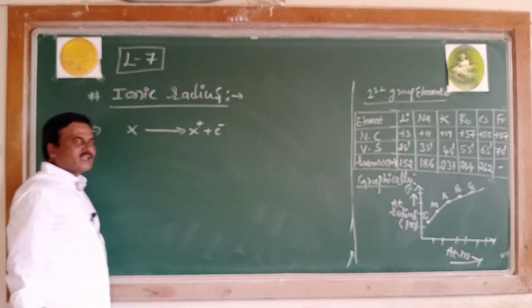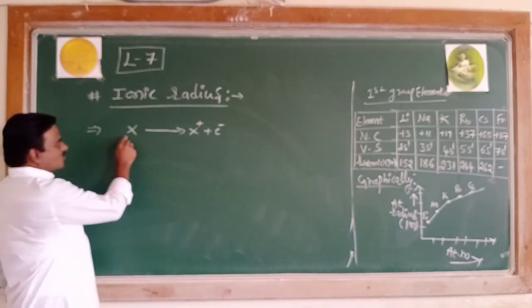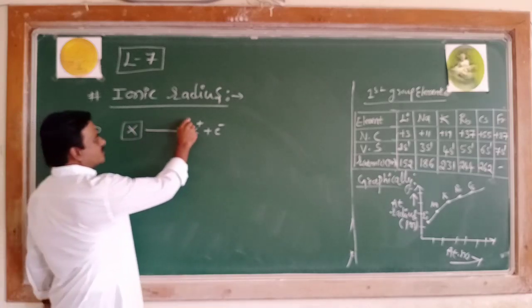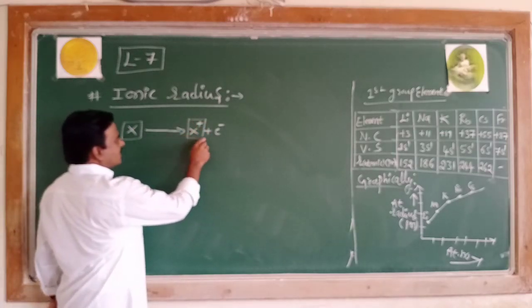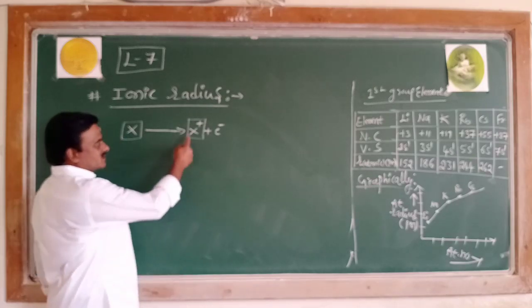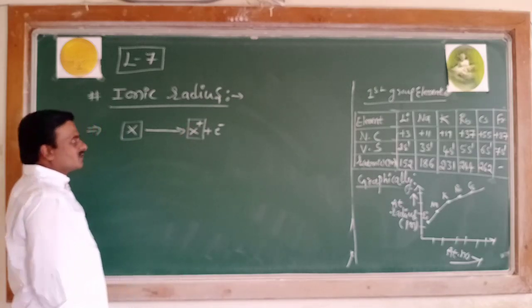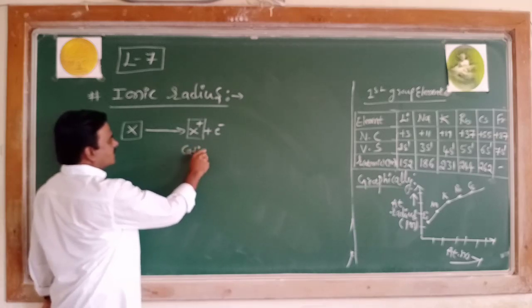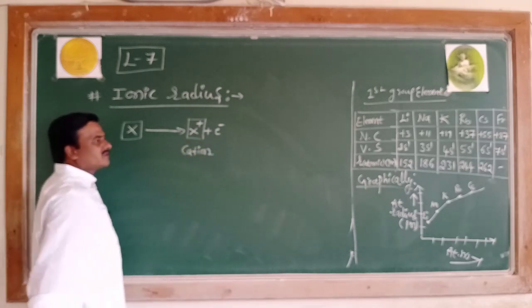So X is a neutral atom, X plus is an ion. This is a positive ion. Positive ion is called cation.